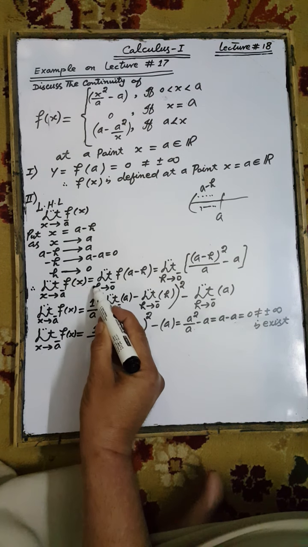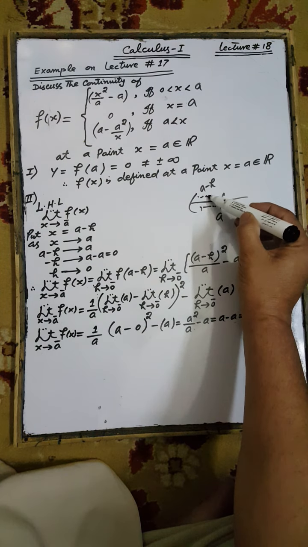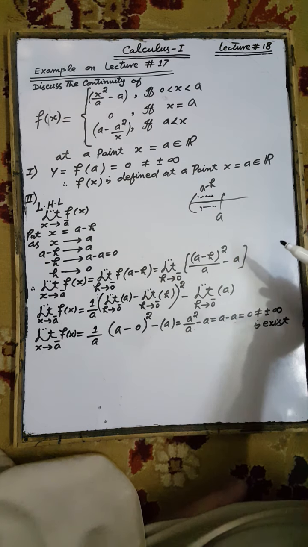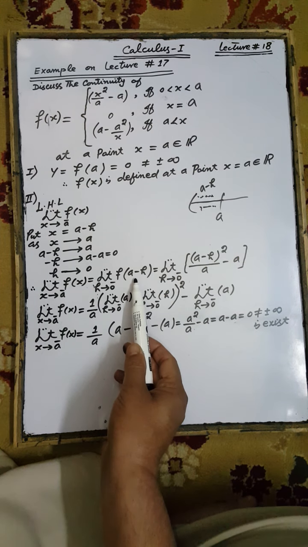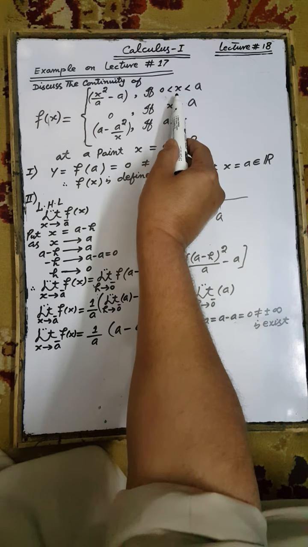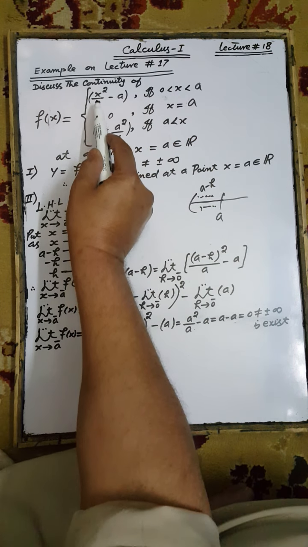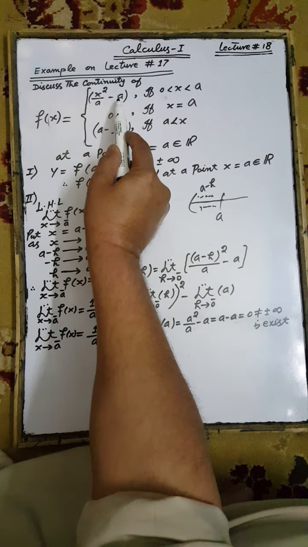This h represents the left hand side of the neighborhood of the point a, and this point a minus h is a point of this interval, and for this interval the function is calculated from x square divided by a minus a.